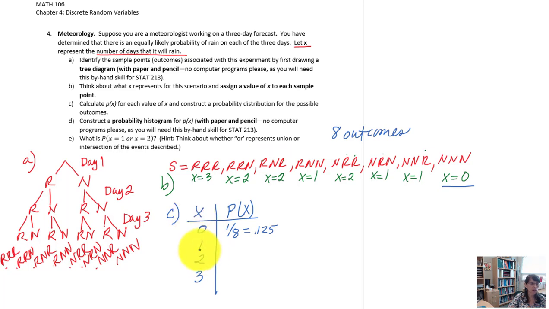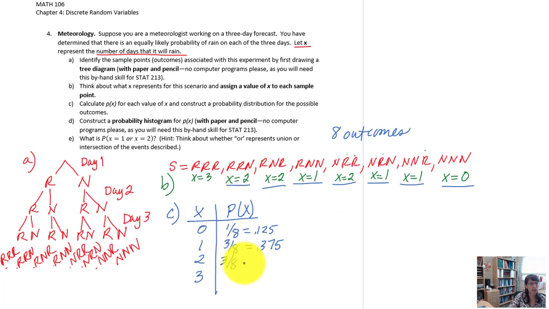Now we're looking for x values of 1. There's 3 different outcomes that have an x value of 1. So 3 out of the 8 equals 0.375. Now we're looking for x values of 2. We have 1, 2, 3 different ones out of the 8.